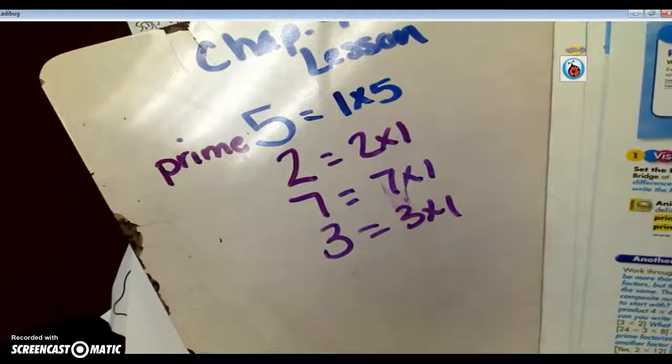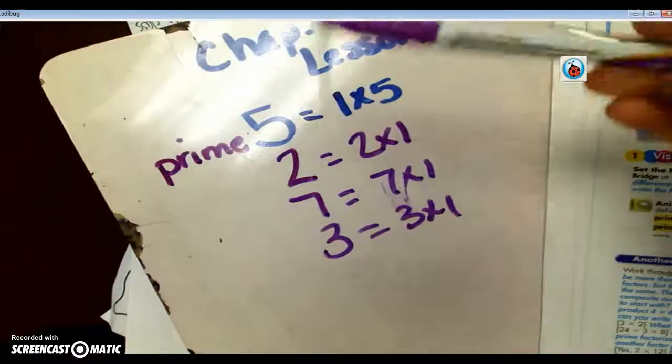We could use 1, but we don't typically think about 1 as being prime nor composite. I guess it's more prime than it is composite. But I don't break my numbers down to 1s, if that makes sense. Itself times 1 would get you a prime number.